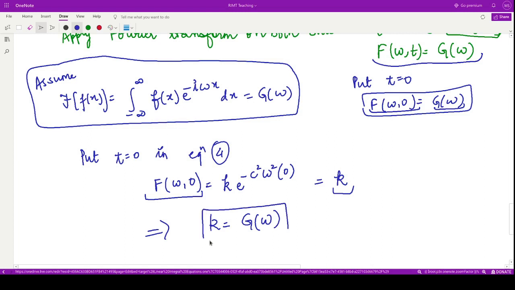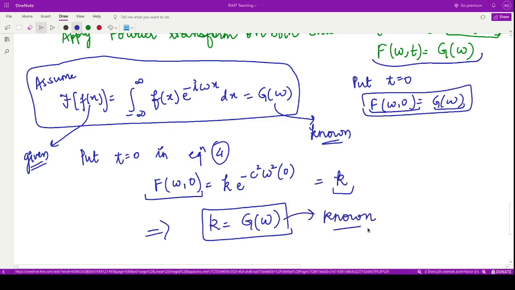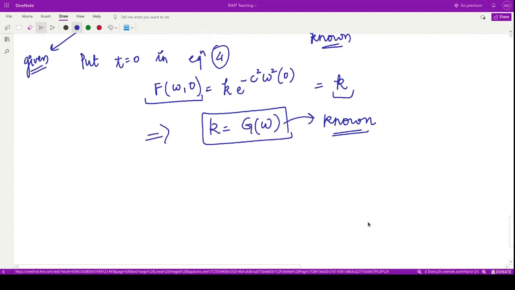So we obtained the value of k from here, and you already know what g(ω) is. That is the Fourier transform of the function f(x). Now this function is given to you in the statement of the problem, so this is also a known quantity. We do not have to worry about this. So this k also becomes known now; earlier it was an unknown quantity. Once you have this, you can substitute it back into your equation.